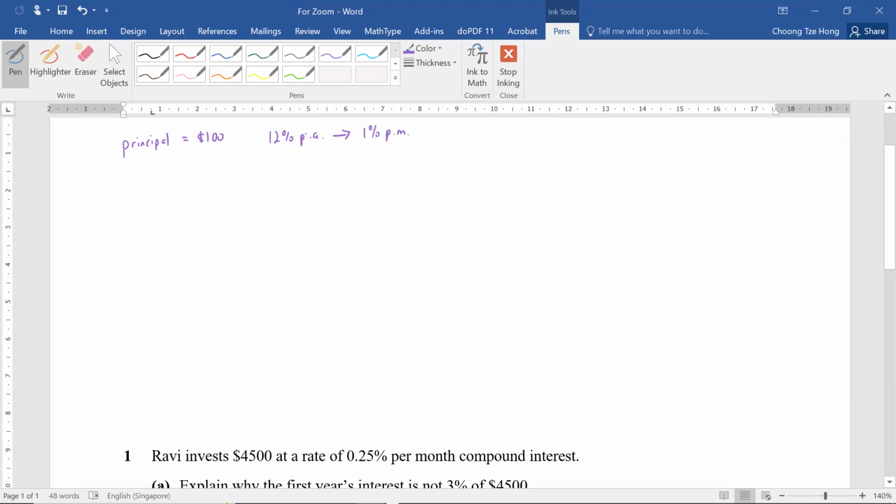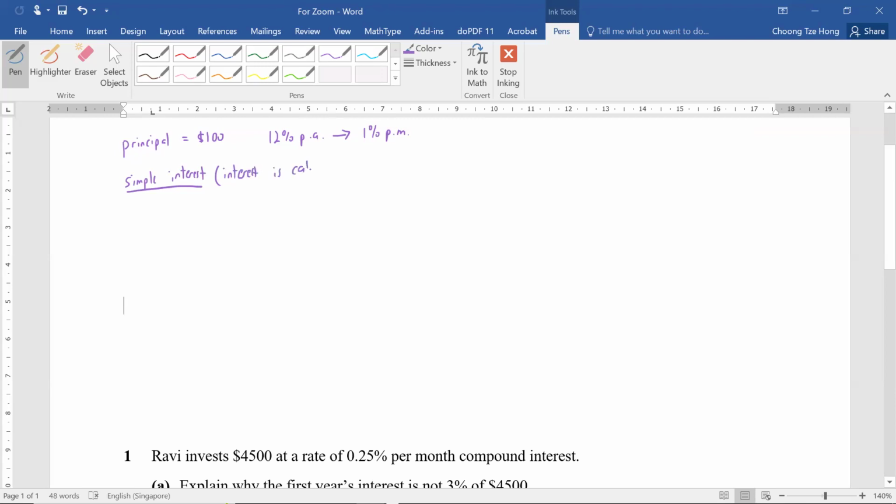If this interest is simple interest, recall that for simple interest, the interest is always calculated based on the principal only.